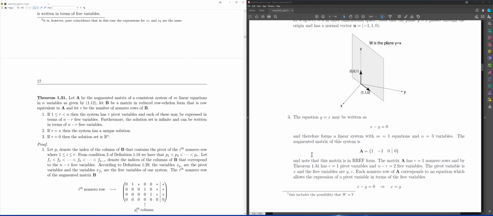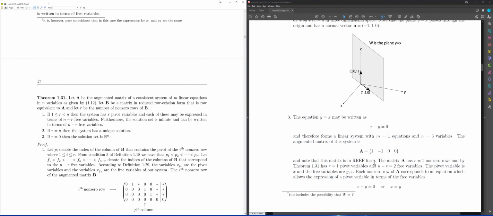So R is equal to 1, N is equal to 3. Your system has one pivot variable and N minus R, which is 3 minus 1, so it has two free variables. So your solutions can be expressed in terms of two free variables.